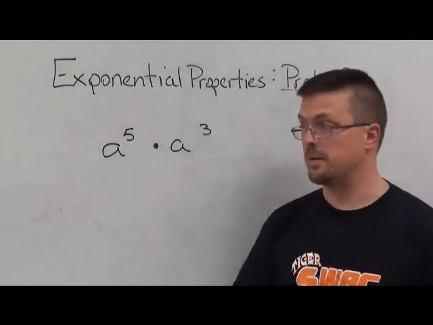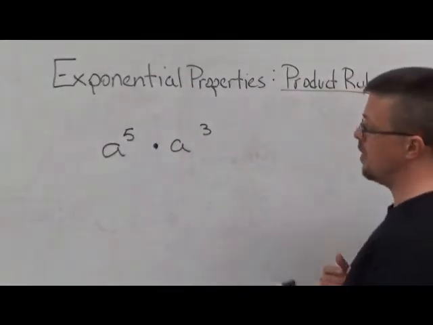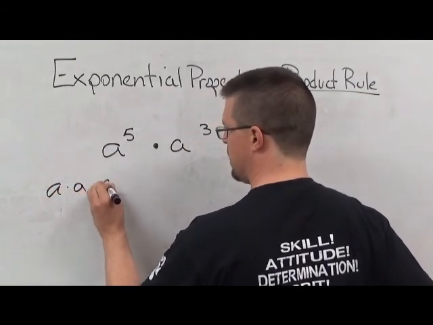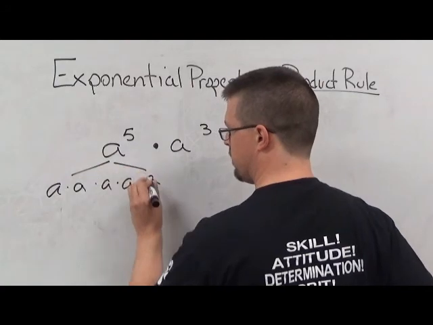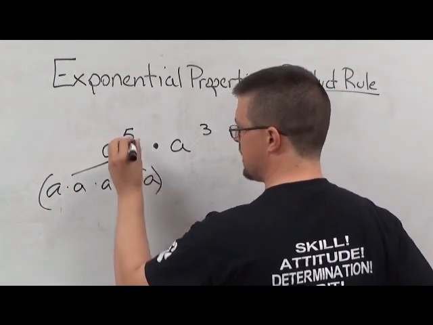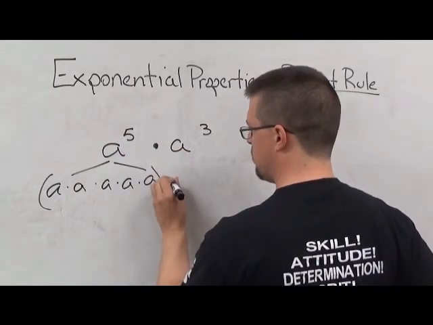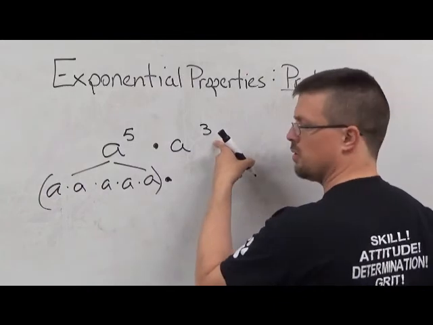Here's our second example. It's a to the fifth power times a to the third power. Remember, all this exponent's saying is how many of these a's are in a multiplication problem. So we're going to write down 5 a's here, because it's saying we're multiplying 5 a's. We bring down our multiplication symbol here. How many a's are we multiplying here?